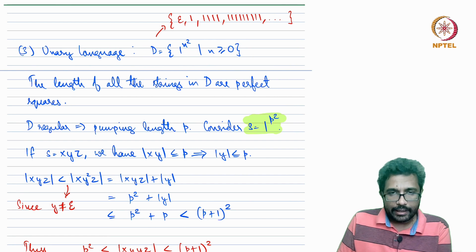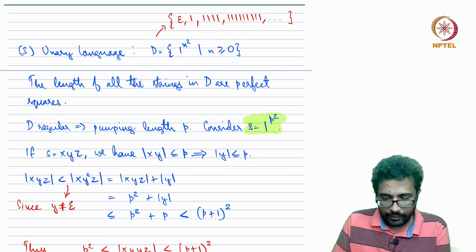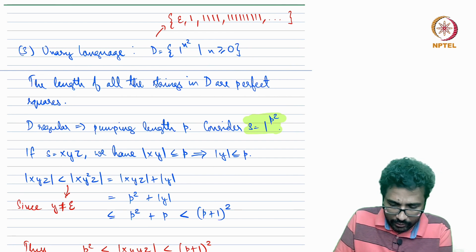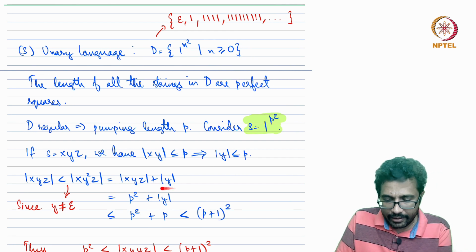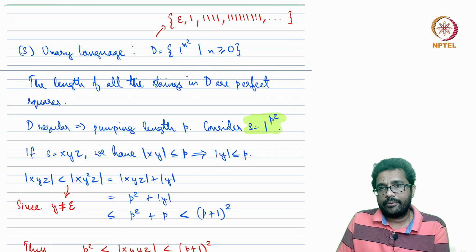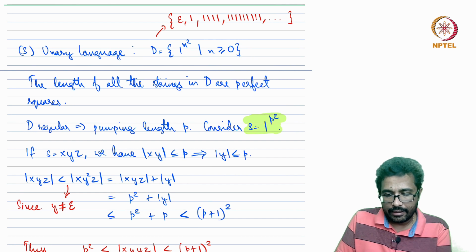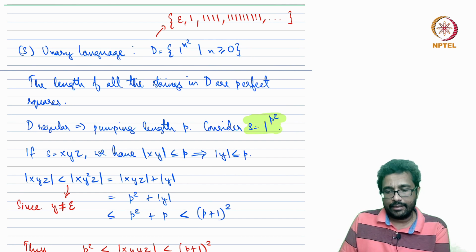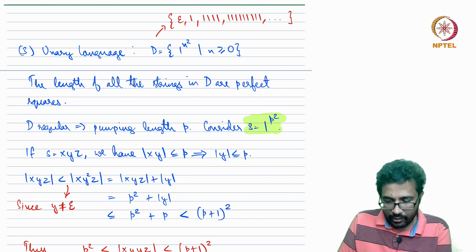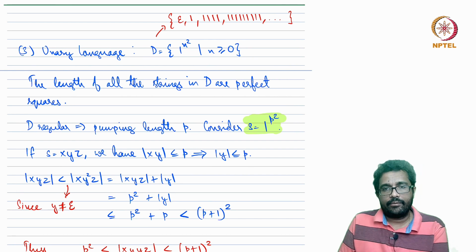Now what is the length of x, y square z? It is the length of x, y, z plus the length of the added string y. The length of x, y, z is the same as the length of the original string S, which is p square, and then you add the y.